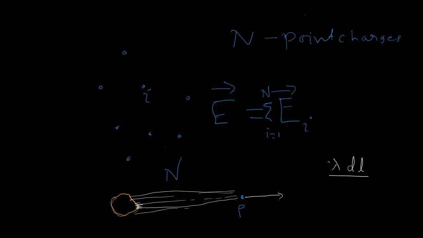Then this gives the total amount of the charge in that element, and distance from that point is r minus r dash, square, integration over that line, and it should be called as dl dash.